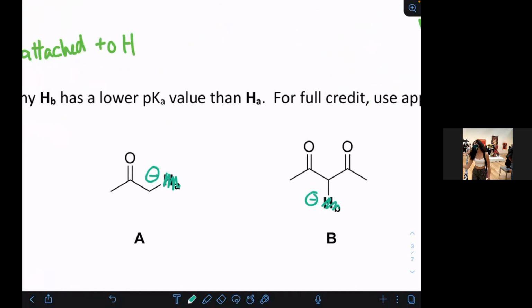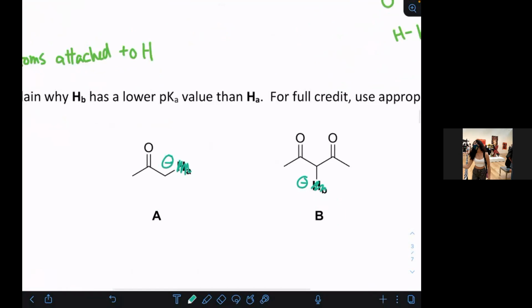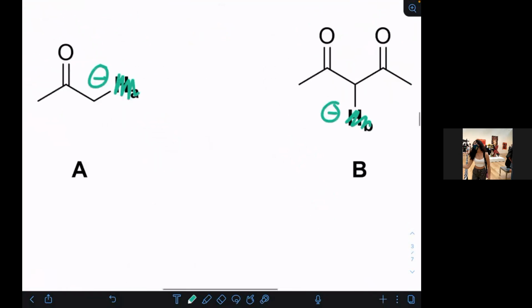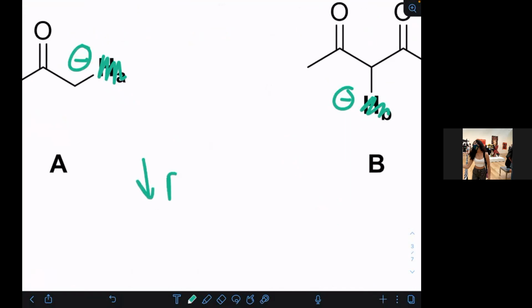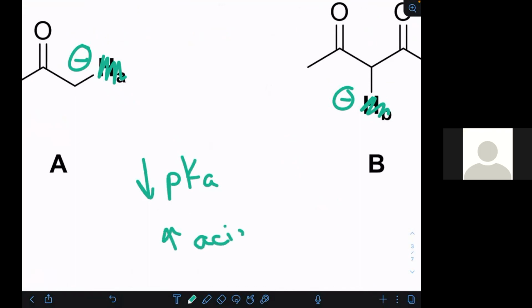I feel like probably this one. Which one has the lower pKa? I forgot what that means. Lower pKa is more acidic, higher pKa is less acidic.